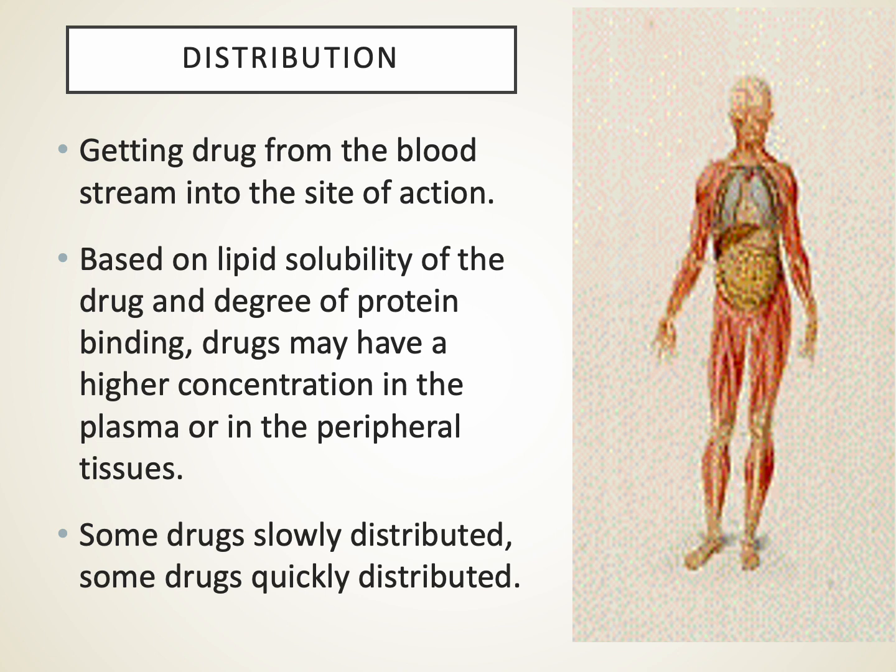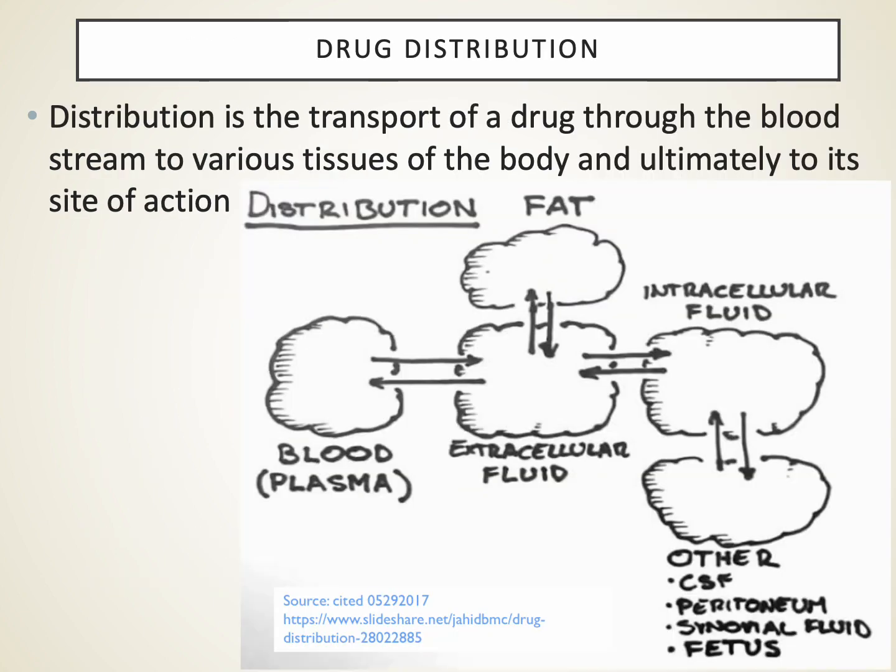And probably the fastest of drug distributions are general anesthetics that are very fat soluble that are distributed into the central nervous system within just a few seconds. So as we think about distribution, we think about the drug going from the plasma in the blood to extracellular fluids and then being maybe deposited in fat if it's particularly related to adipose tissue, or intracellular fluids, or to other fluids, maybe the cerebrospinal fluid, the peritoneal cavity, or the synovial fluid.